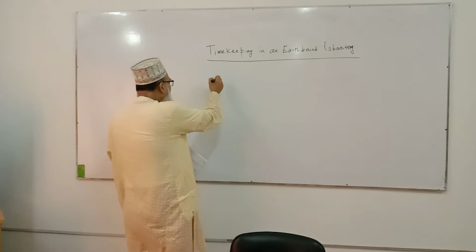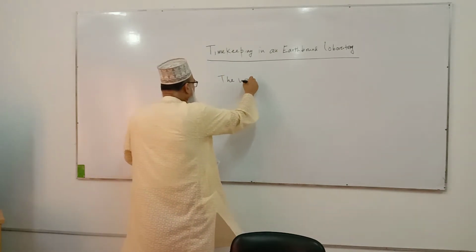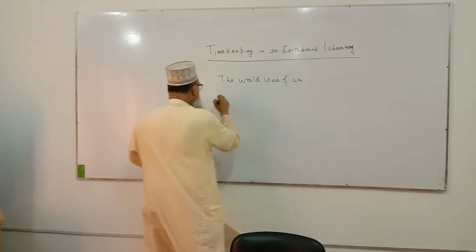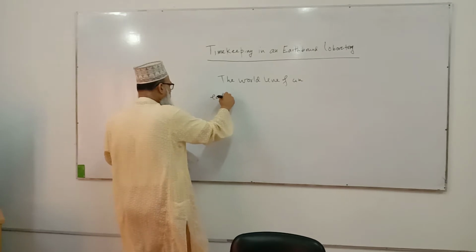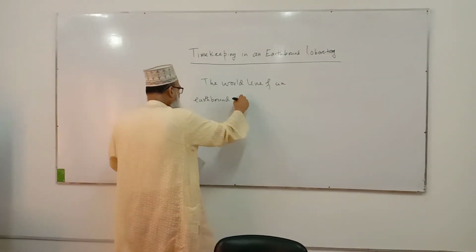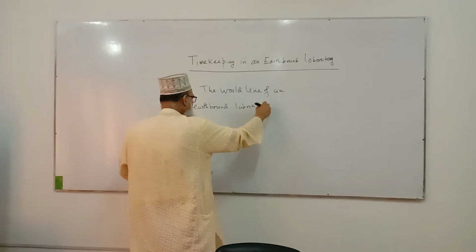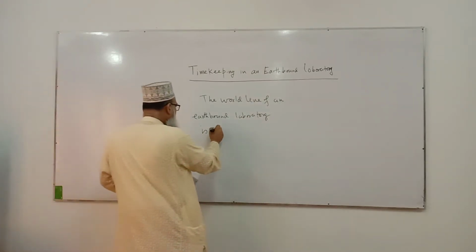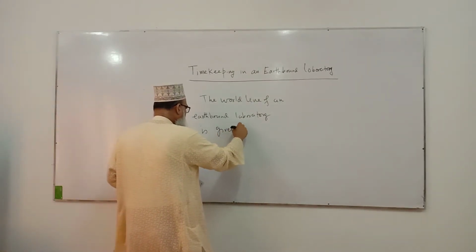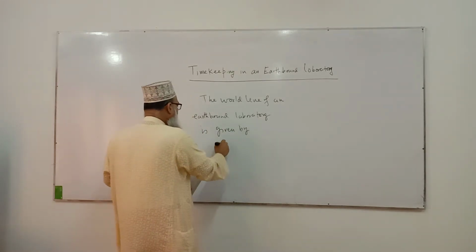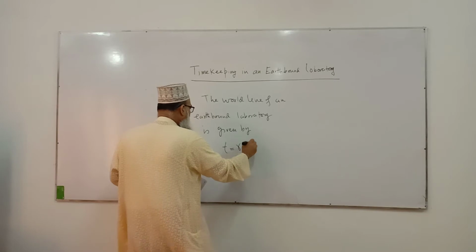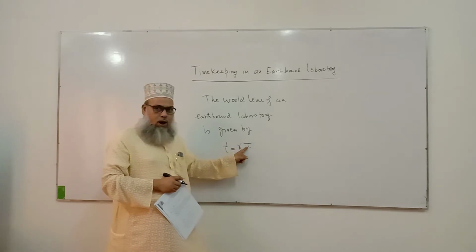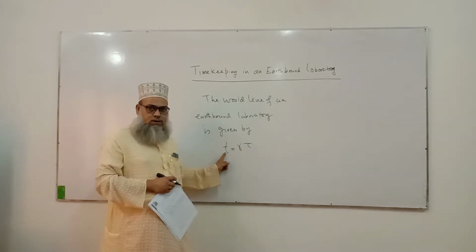So the world line of an earth-bound laboratory is given by number 1, T equals gamma tau, because surely tau is our time, T is the distant observer's time.